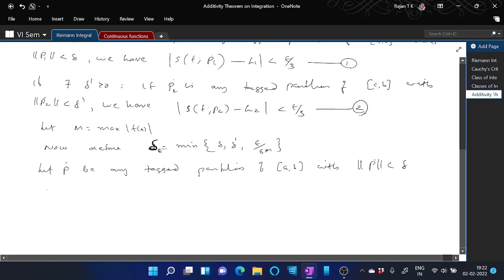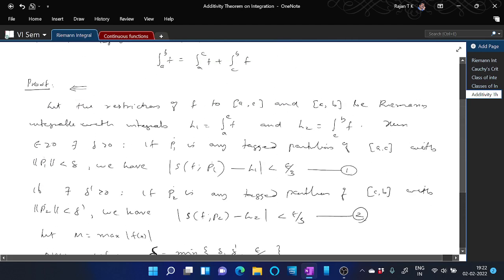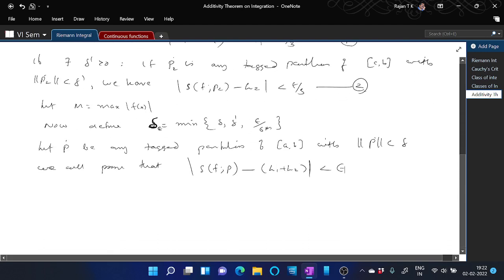We will prove that modulus of S(f;P) minus (L1 plus L2) is less than epsilon, so that the function f is Riemann integrable on [a,b] with integral L1 plus L2, that is, the integral from a to c of f plus the integral from c to b of f.